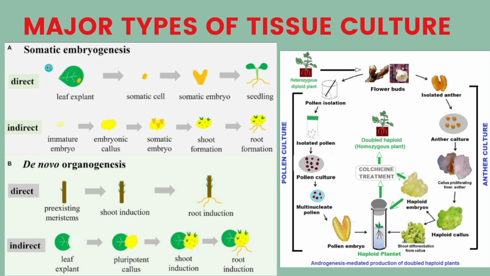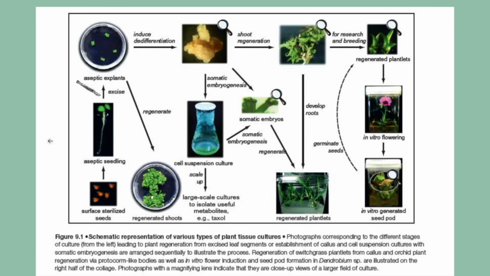So you see here for somatic embryogenesis, they have direct or indirect. Direct means you directly use the plant part, either leaf, shoot, stem, root, or flower, to develop the plant. The indirect method is you use the callus. The callus in plant tissue culture is a very amazing part because it induces de-differentiation.